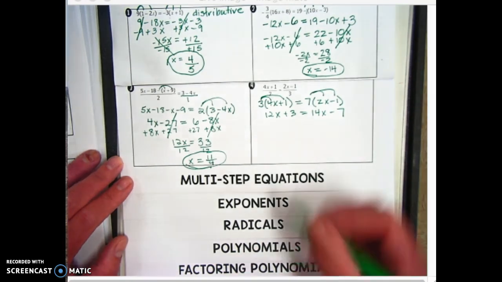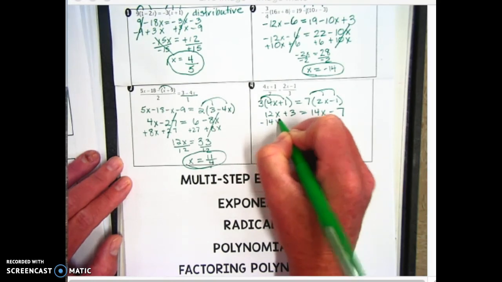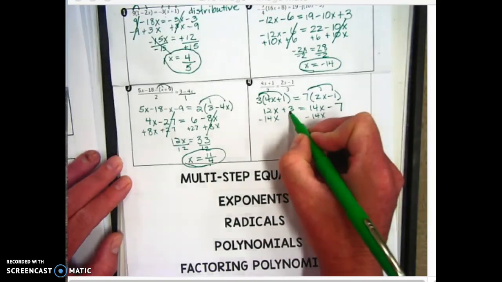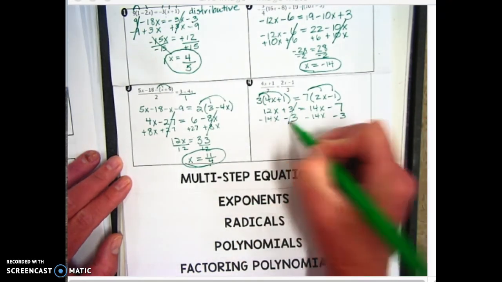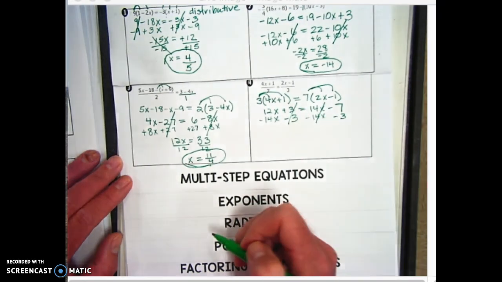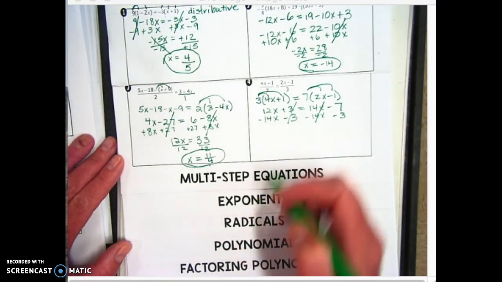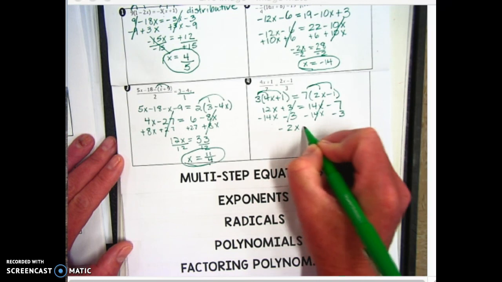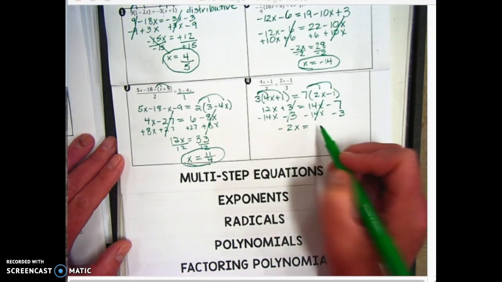I prefer my variable on the left, so I'm going to go minus 14x from both sides. And then I'm going to move the 3 as well in the same step. These are opposite, they cancel. These are opposite, they cancel. And combine what's left. So we've got 12x minus 14x is negative 2x. And then on the right side of the equal sign, we have negative 7 minus 3 more.